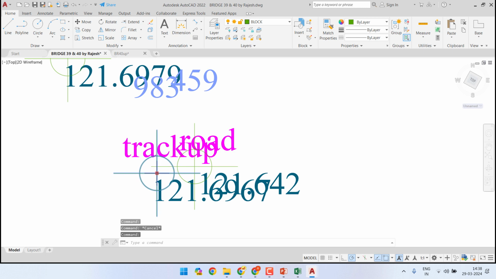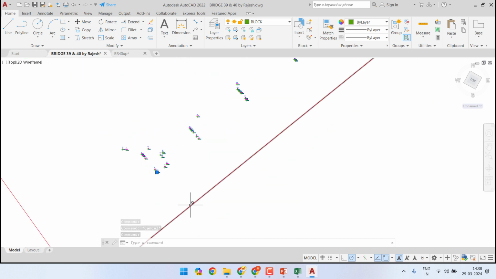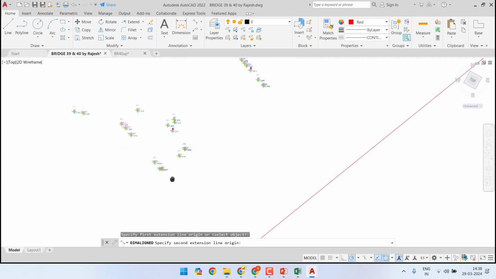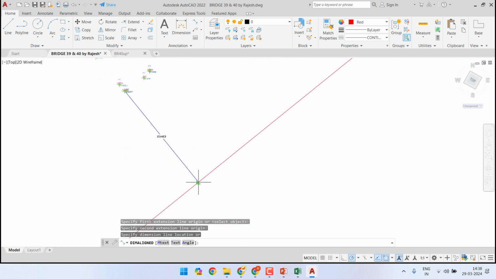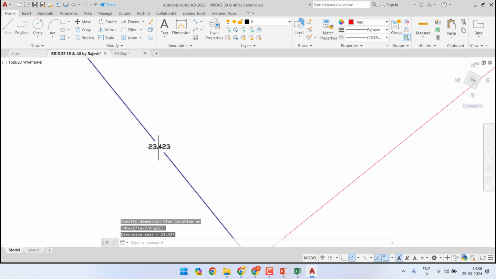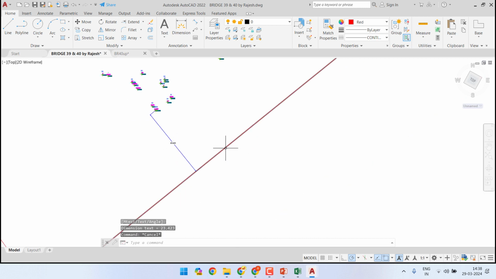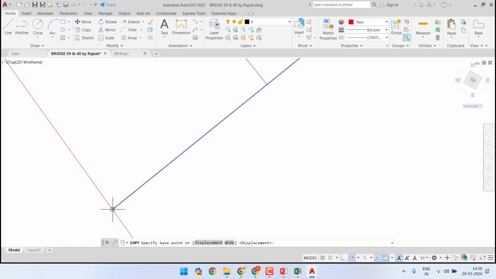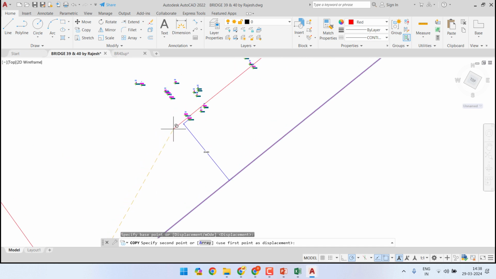So we will use this point, the furthest most point, and let us see how far it is from this line. So we see it is 23.42 meters. So we will copy this line, copy selection. So this point we will move here.